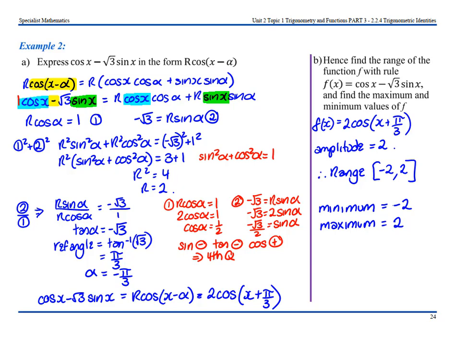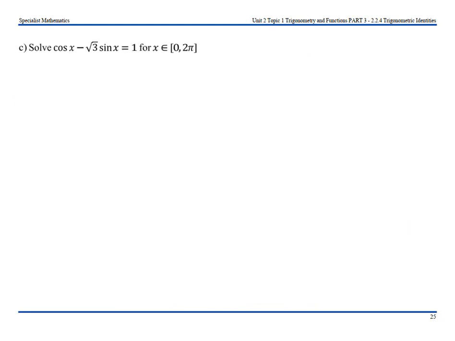Now there's one more part to this question, and I've put on a new page so I could spread out the part A. So it says solve cos of x minus the square root of 3 sine of x equals 1. So we found out that all of this was 2 cos of x plus pi on 3. So that means we have 2 cos of x plus pi on 3 equals 1. Divide both sides by 2.